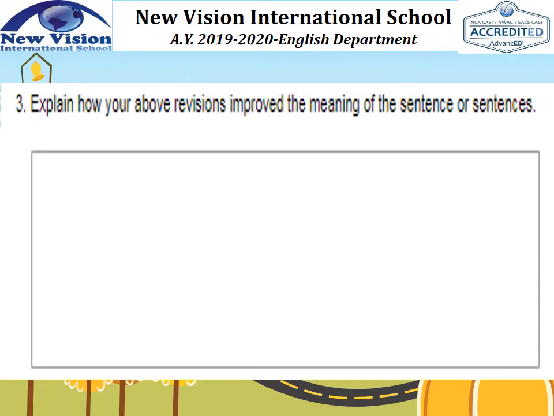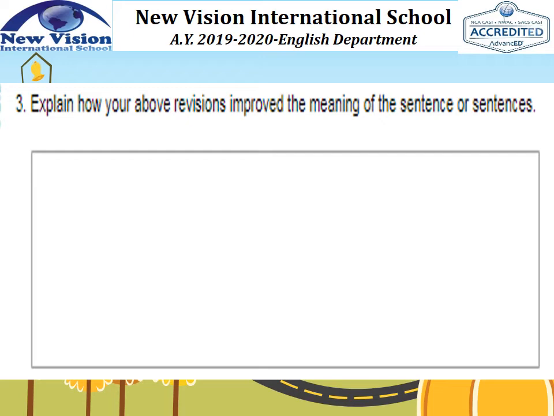For number 3, explain how your above revisions improved the meaning of the sentence or sentences. This means that you have to explain step by step how you did the revisions or how you corrected the 3 sentences from A, C, and D. Explain it here, okay?